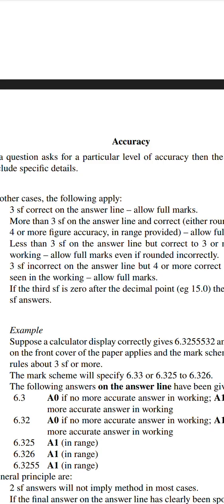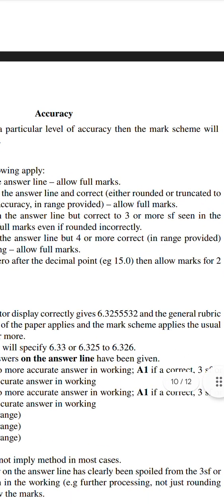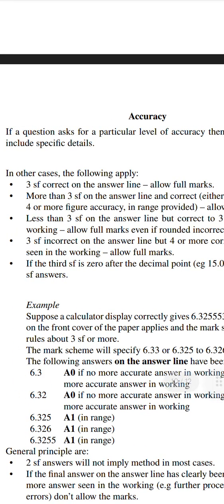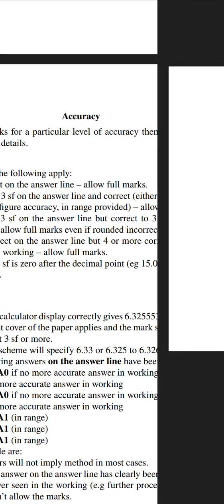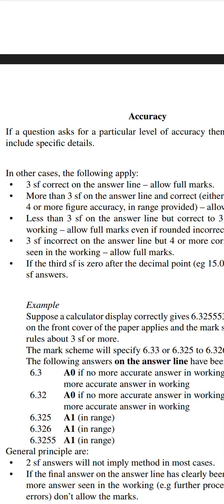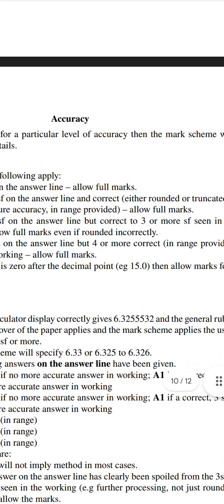More than 3 SF on the answer line and correct, either rounded or truncated to 4 or more figure accuracy in the range provided, allow marks. Meaning, if you do not round to 3 significant figures, you will still get marks even if you write more digits.